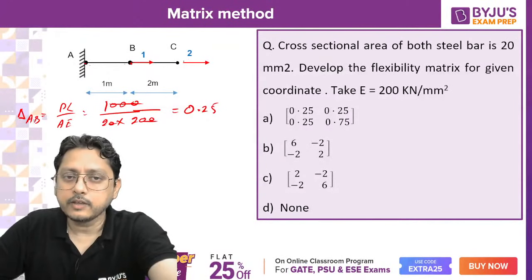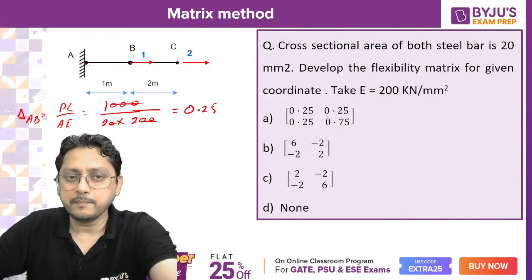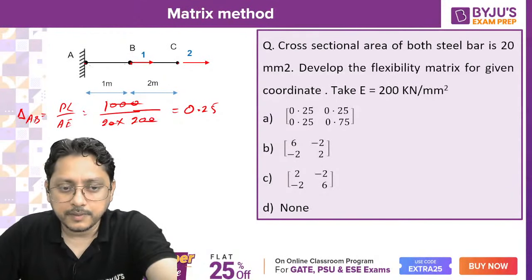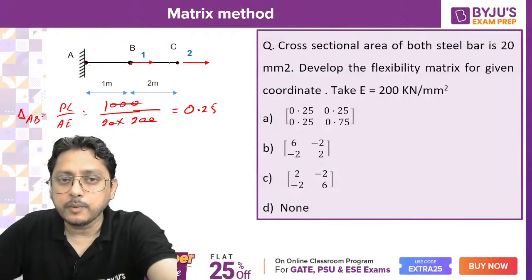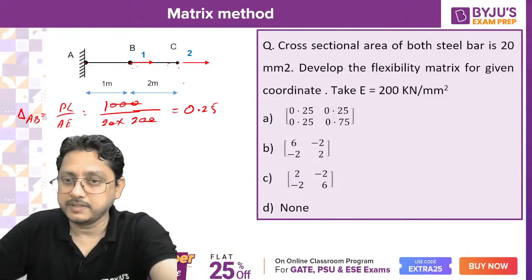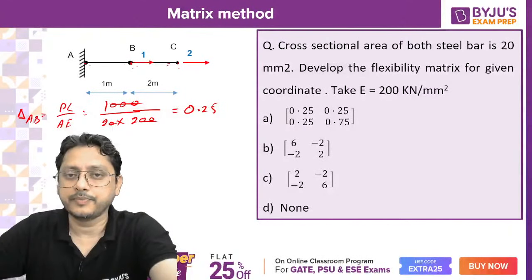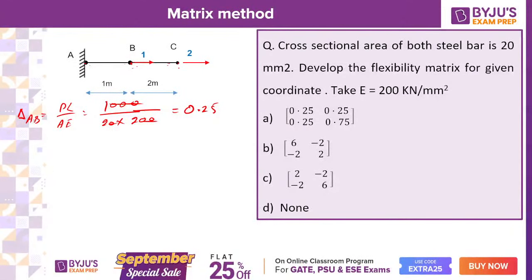Now if I'm providing a unit load at C, that is in coordinate direction 2, just assuming that, what will be the deflection for BC?